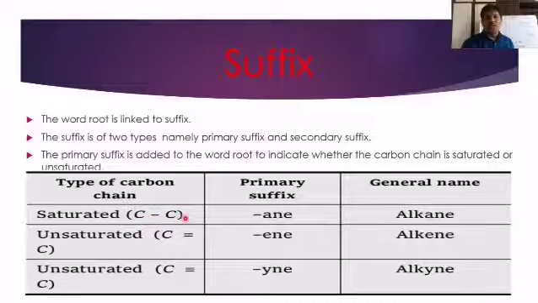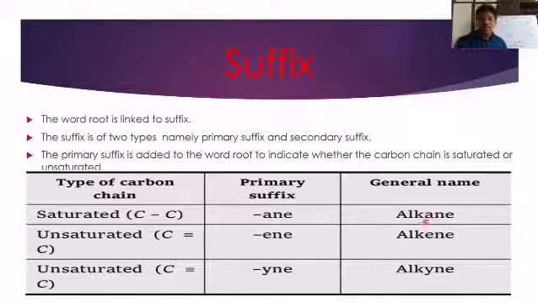For saturated organic compounds, what will be the primary suffix name? ane. For example, imagine the example pentane. Pent indicates alk here. How many carbon atoms? Pent, 5 carbons. The 5 carbons will be linked to each other with single bonds. Then we say pentane.